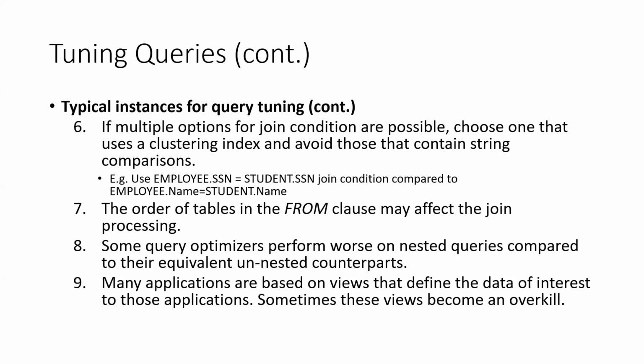So make a note that if you see that your query is slow and it is a nested one, see whether you can convert it to an unnested query. And in most cases, as we have discussed in the examples, this is possible.